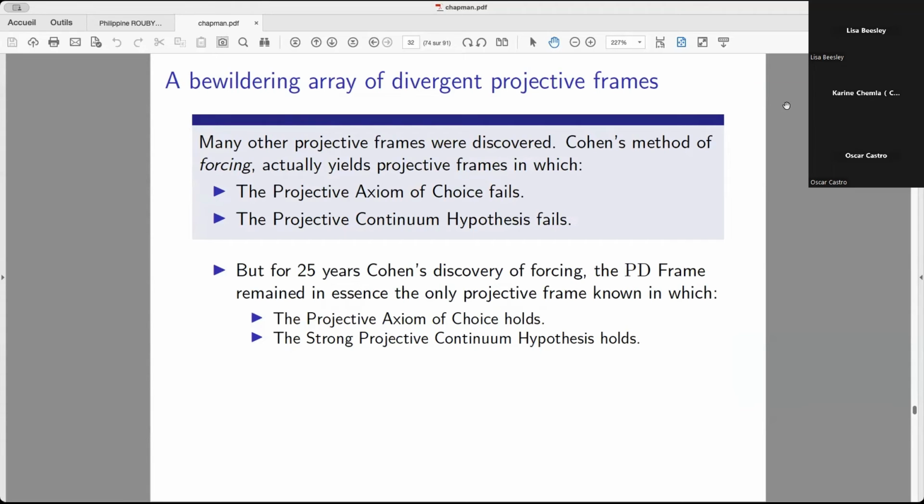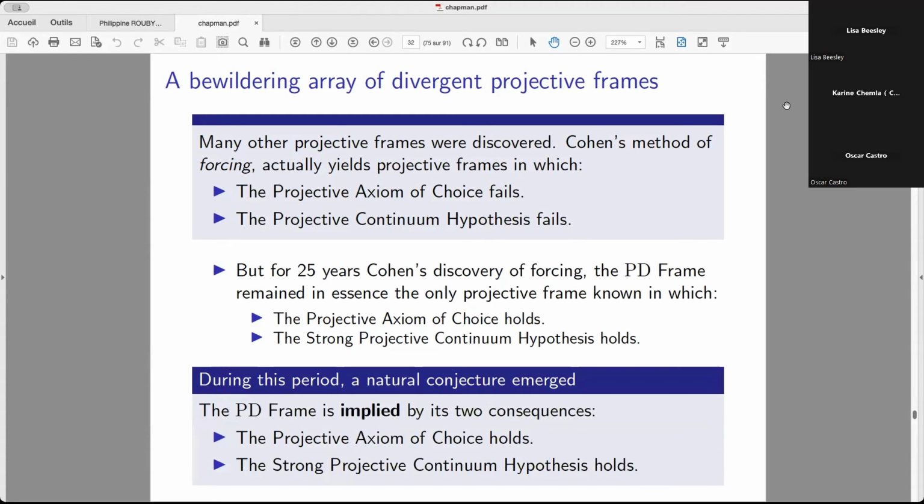Except there was a hint. For the 25 years after Cohen's discovery of forcing, the PD frame remained the only projective frame in which both the projective axiom of choice holds and the strong projective continuum hypothesis holds. There was only one example known, and that was the PD frame.